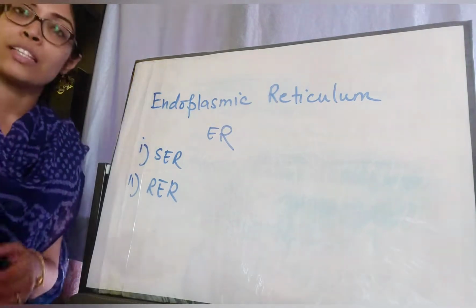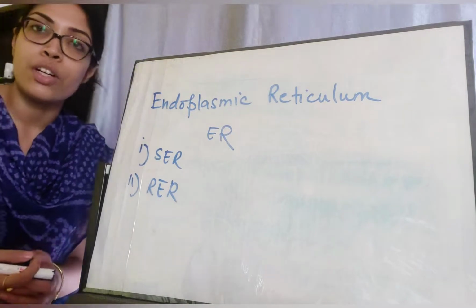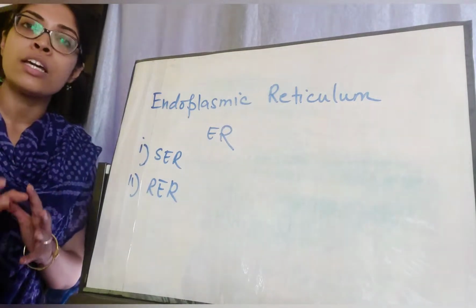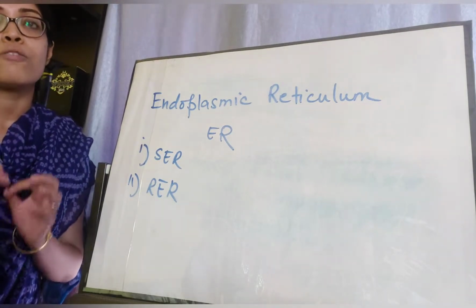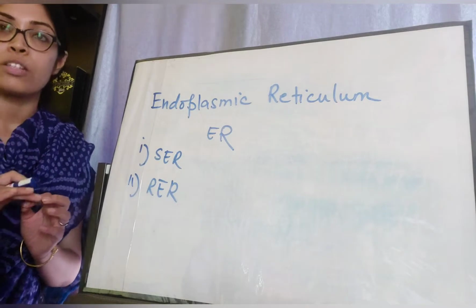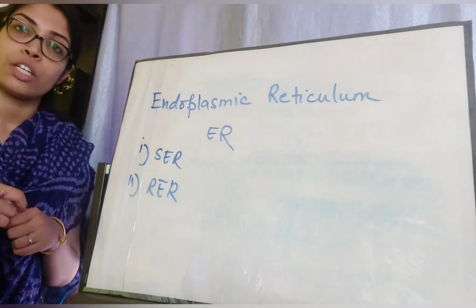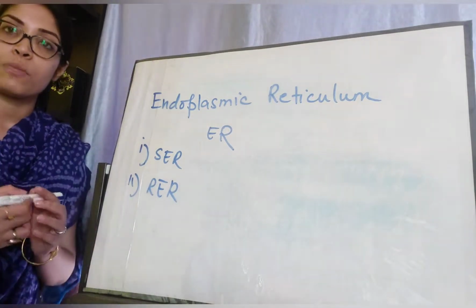When I was discussing the ultrastructure, I showed you that the cisternae of the endoplasmic reticulum sometimes have ribosomes on their surface, which makes the surface rough, and thus it is regarded as the rough endoplasmic reticulum.